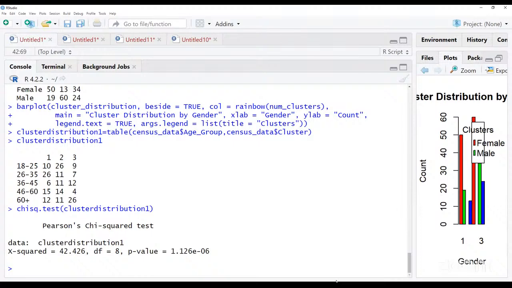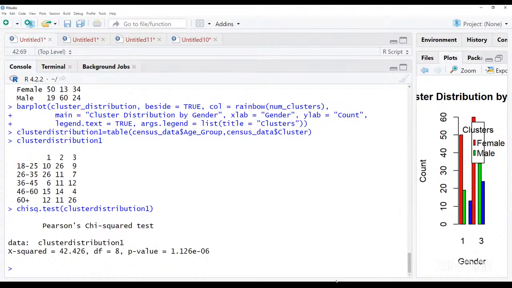Okay. Up to this is clear. That means you can tell that whatever clusters have been developed, these clusters are significantly different by age.